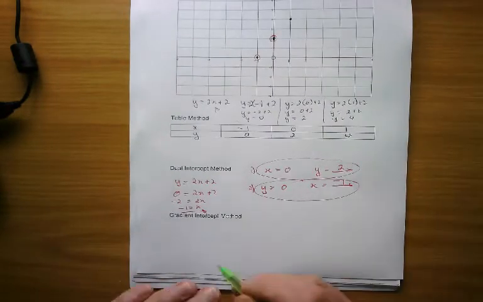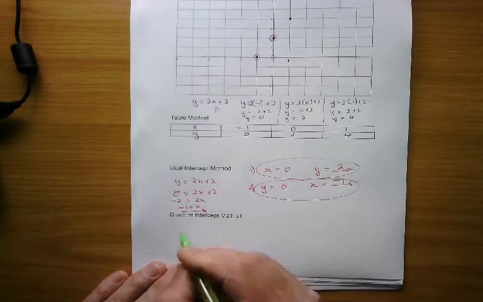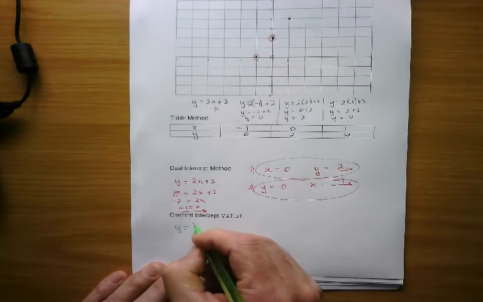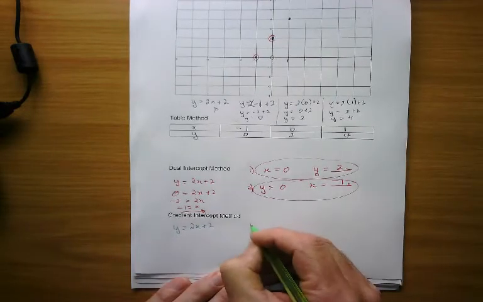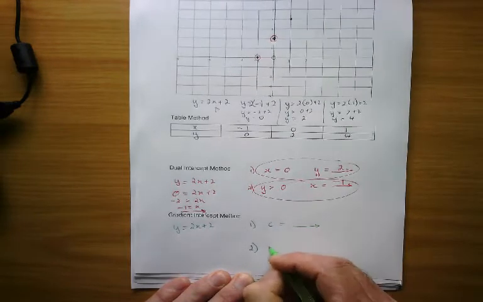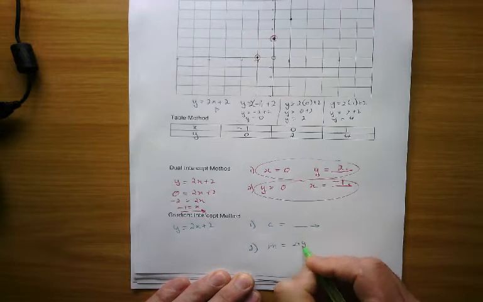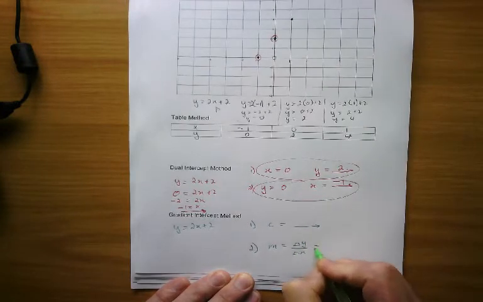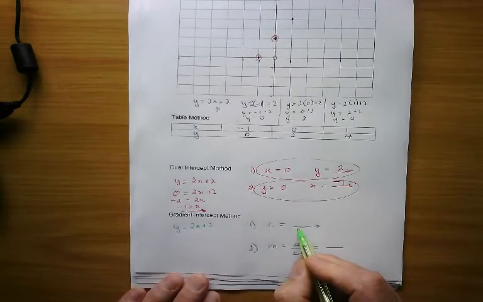Now let's use green to do the gradient intercept method. We are still sketching y is equal to 2x plus 2 with the gradient intercept method. Two steps to it. Find c and find m. And we know that the formula for gradient is your change in y over your change in x. Let's fill in those numbers there. What is your c?